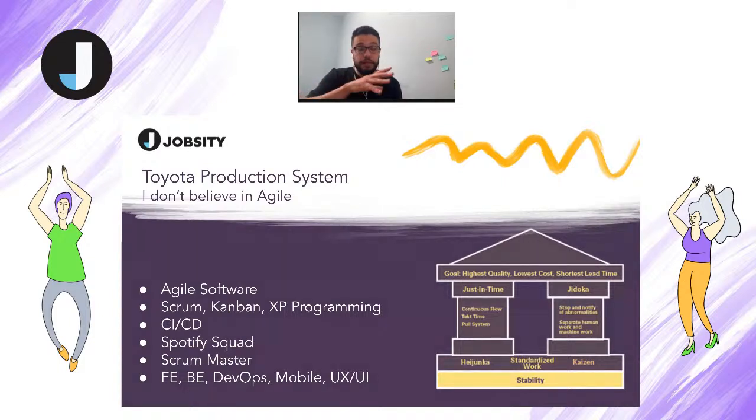There are a lot of buzzwords you're probably used to hearing: agile software, Scrum, extreme programming, CI/CD for continuous delivery, Spotify squad, which is a team with multiple experienced employees: a designer, a DevOps, a backend engineer, a front-end engineer, a mobile engineer, and the Scrum Master who removes the barriers between the team and the professionals I just mentioned.